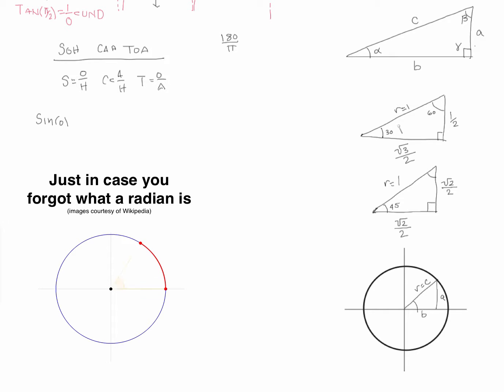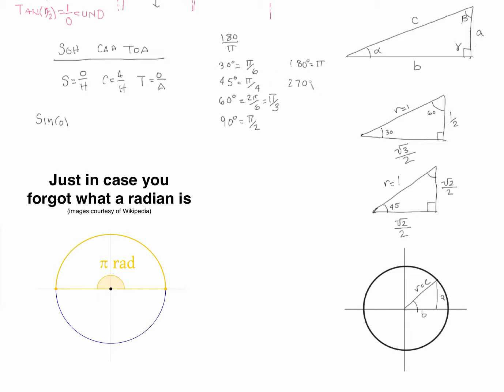So 30 degrees, if you do it, you'll notice that it's pi over 6. 45 degrees equals pi over 4. 60 degrees equals 2 pi over 6, which is just pi over 3. 90 degrees equals pi over 2, and 180 degrees equals pi, up to 270 degrees, and all the other multiples within.